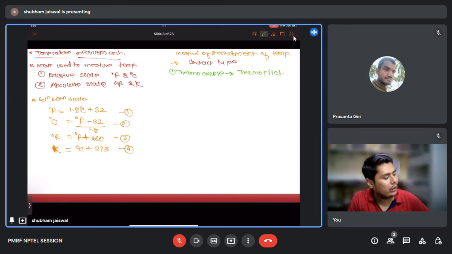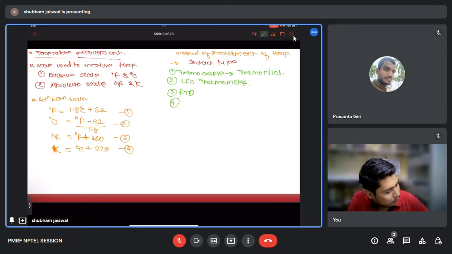Then the liquid in glass, that is LIG thermometer, then the resistance temperature detector, that is RTD. After that, the pressure thermometer, thermistor, and bimetallic.